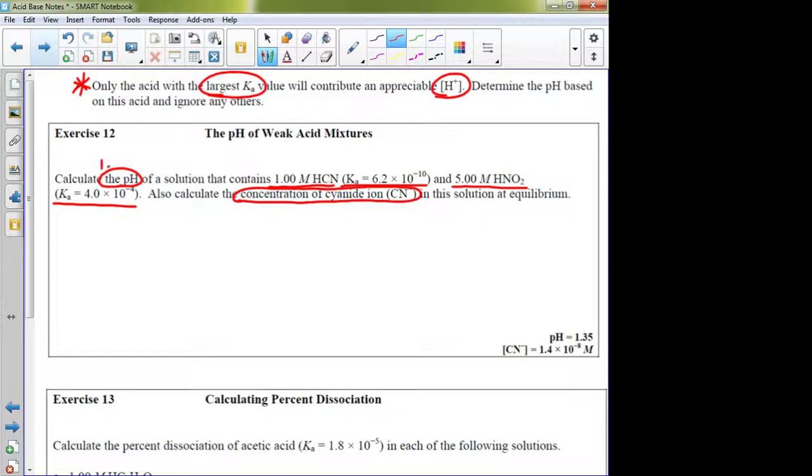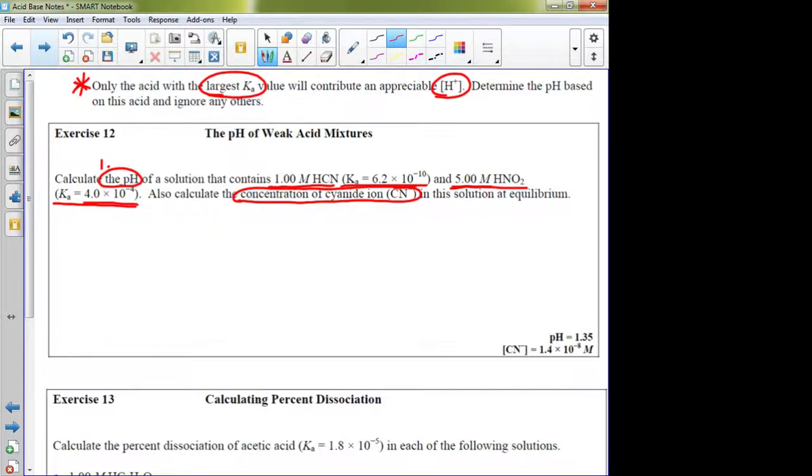So the first thing they want me to do is calculate the pH. Before I can calculate pH, I have to have concentration of what? Either hydroxide or hydrogen, so in this case it's going to be hydrogen. So I look, they gave me HCN with a Ka of 6.2 times 10 to the negative 10th and HNO2, 5.0 molar, with a Ka of 4.0 times 10 to the negative 4th.